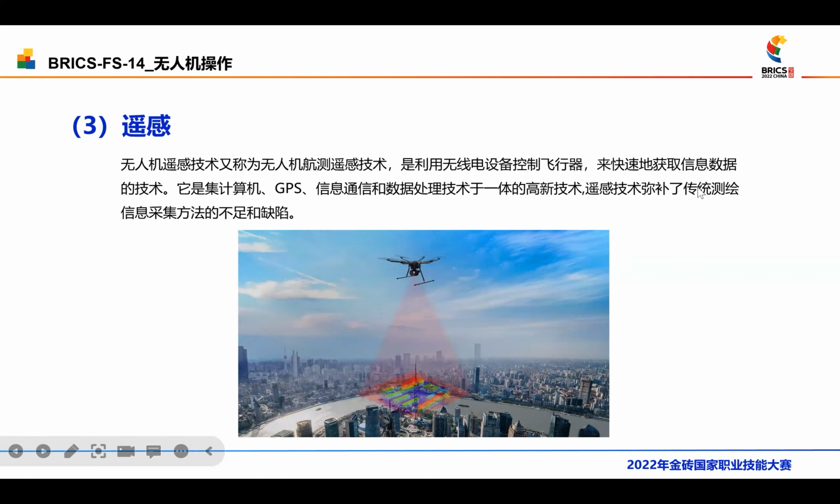It is a high-end new technology integrating computers, GPS, information and communication, and data processing technology. Remote sensing technology makes up for the deficiencies and defects of the traditional surveying and mapping information collection methods.